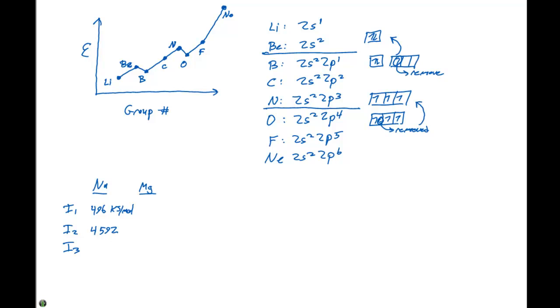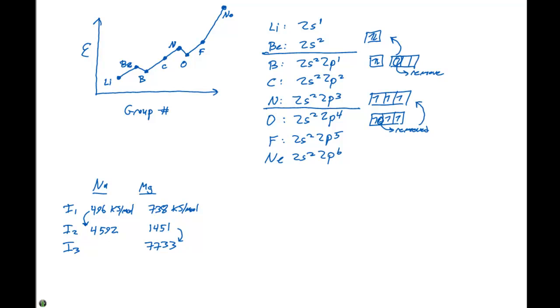For magnesium, the first ionization energy is 738, the second is 1451, and the third is 7,733 kilojoules per mole. So for sodium, we see a large jump from the first to the second ionization energy, whereas for magnesium, we see a large jump from the second to the third ionization energy.